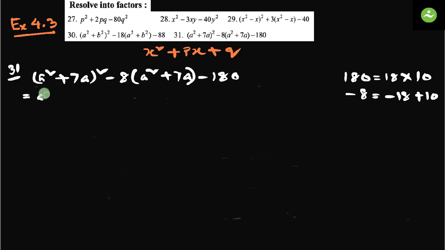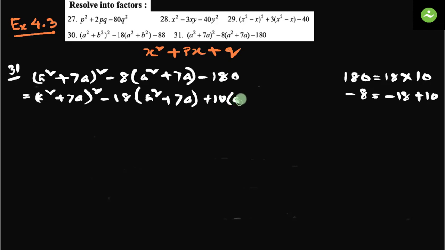Equals a square plus 7a whole square minus 18 into a square plus 7a, plus 10 into a square plus 7a, minus 180.